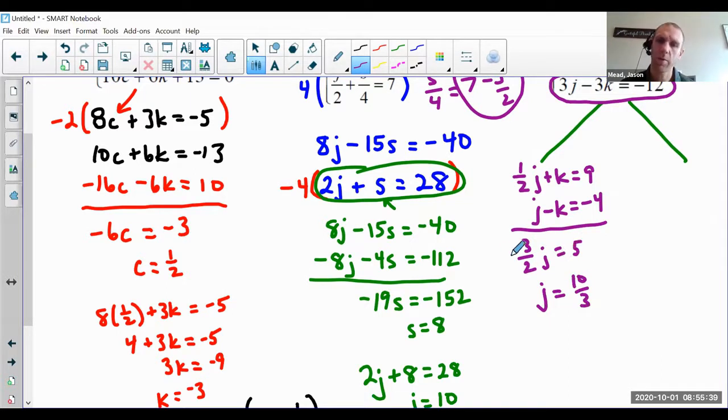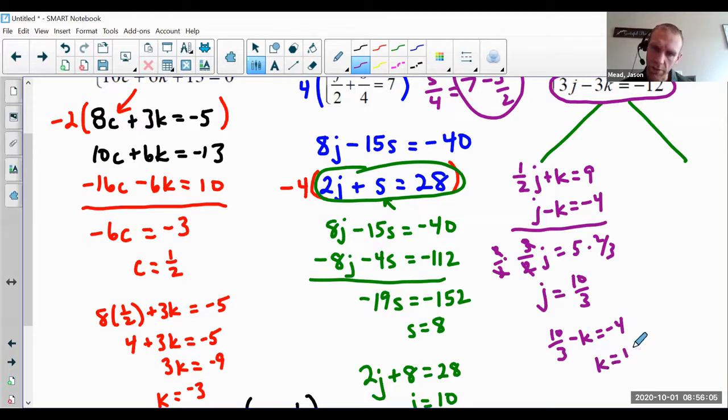Or I multiply by the reciprocal, I'm sorry. So times 2 and divide by 3. And then I get j. And then I can just take this and substitute it in and solve for k. So if I put it into the bottom one, I get 10/3 minus k equals -4.